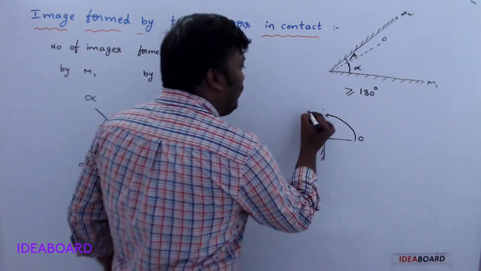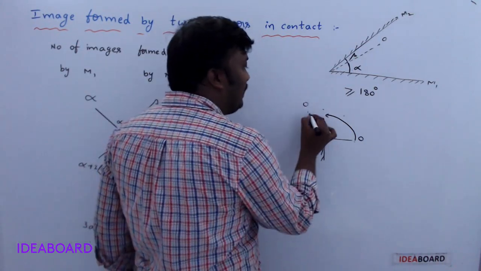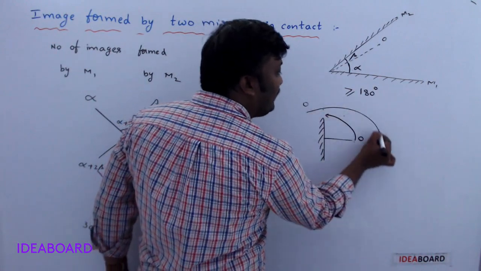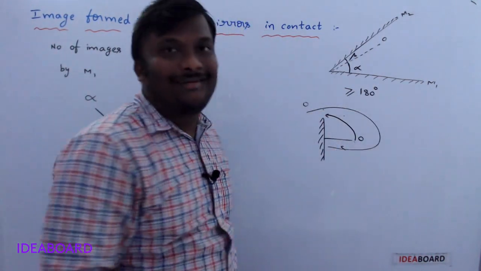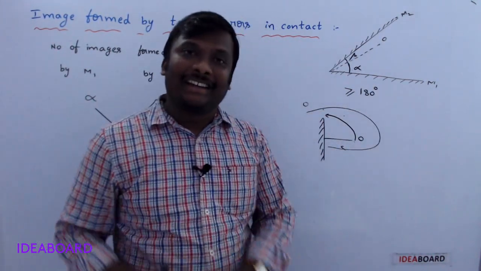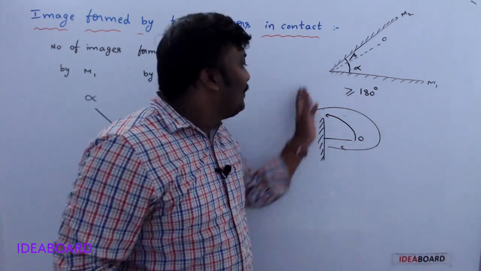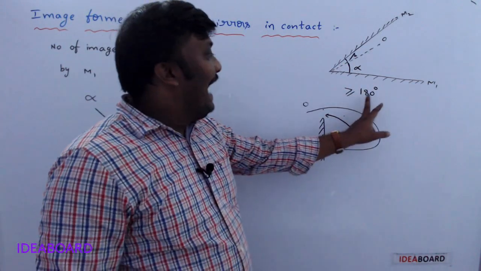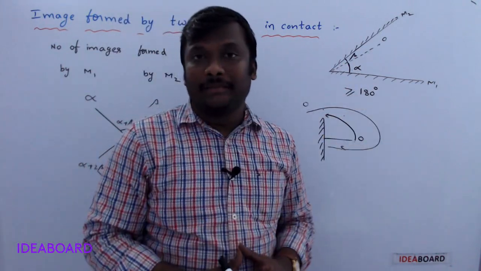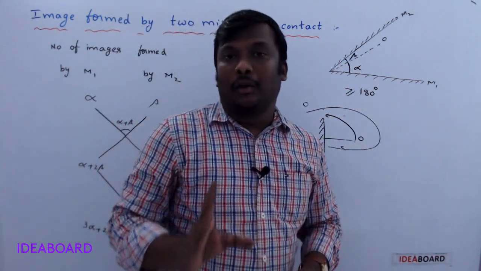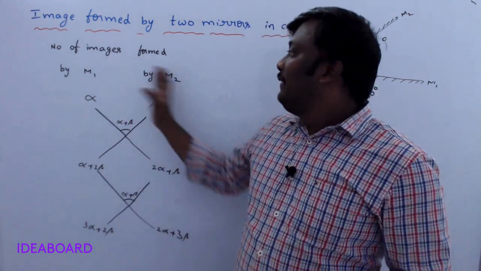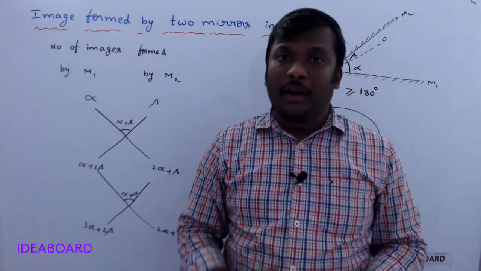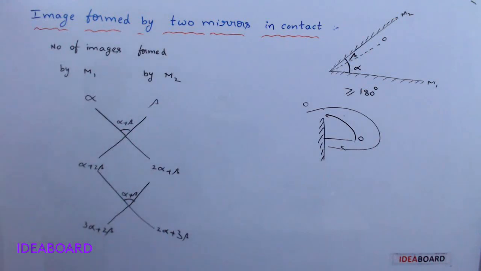No. Suppose this is the object, the light ray will move in this direction and touch here. This is the ray of light, and it always travels in straight lines only. So this way is not possible. That's why if the angle is more than 180 degrees, then no images are formed by any one of these mirrors. Are you understanding?